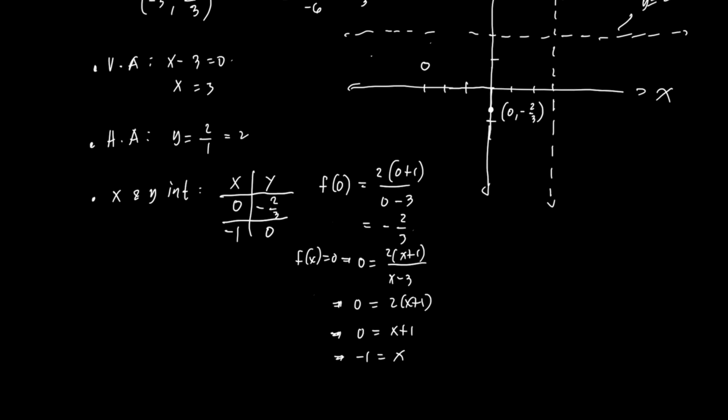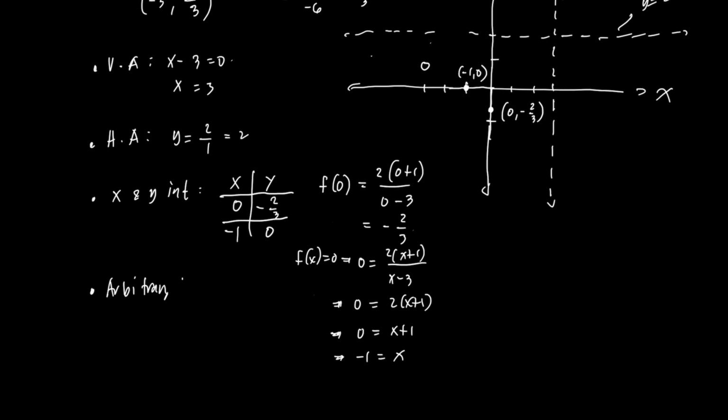Then we have negative 1 equals x. When y is 0, x is negative 1. So let's locate this one. This is negative 1, 0. So we have located our x and y-intercepts.